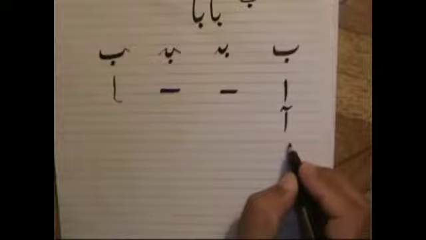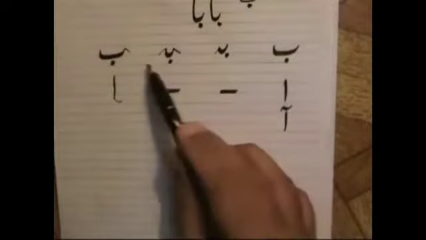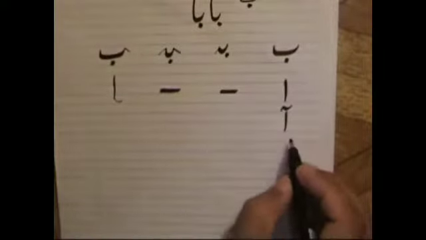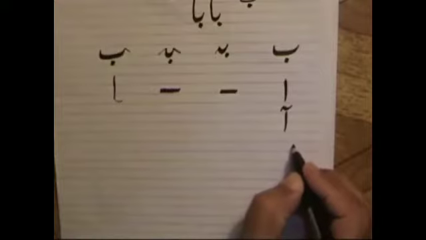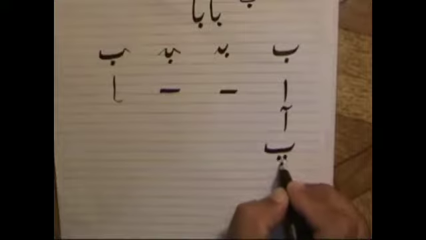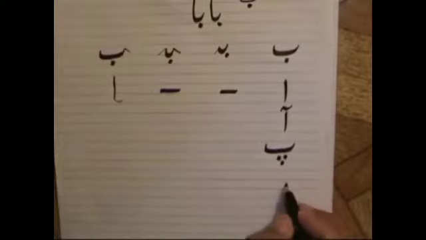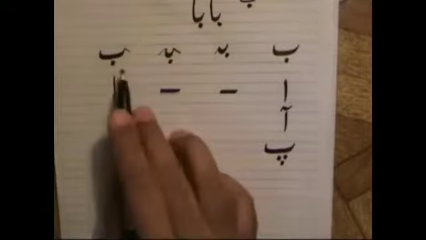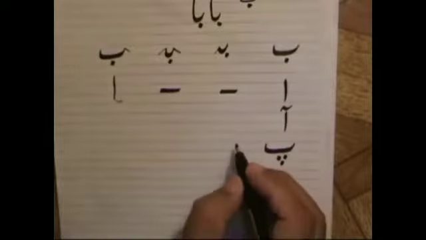We have already seen the Be, and the next letter would be Pe. So Pe has similar 3 positions.